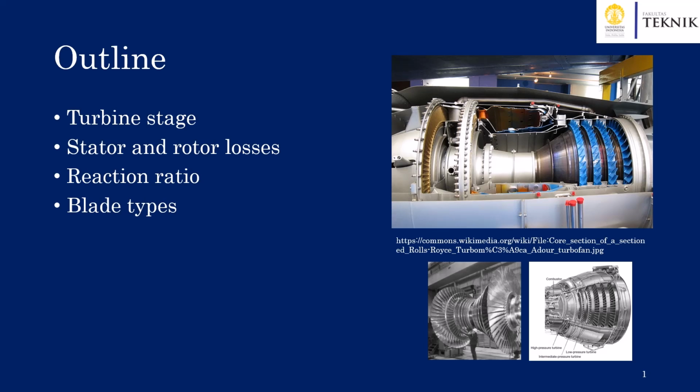Nowadays, the axial steam turbines are mostly used for power generation, where this type of axial turbine can work for applications able to generate between 600 to 1000 megawatts of electricity. On the other hand, the gas type of axial turbine is mostly used for aviation applications, for aircraft engines for example, but also for power generation.